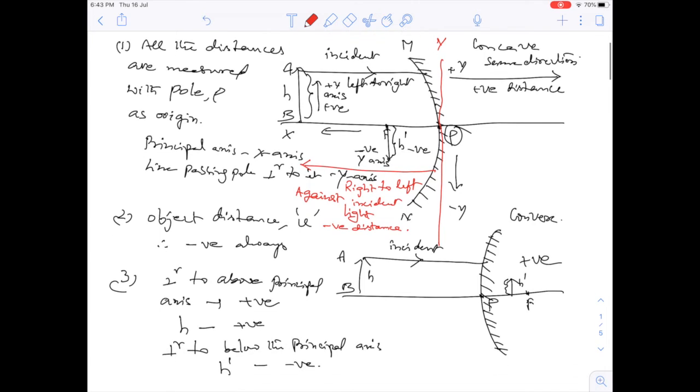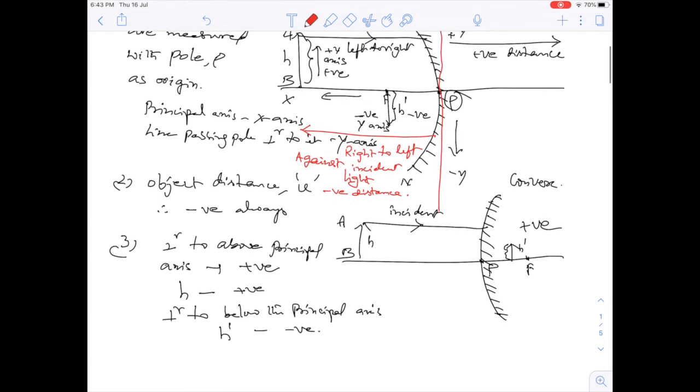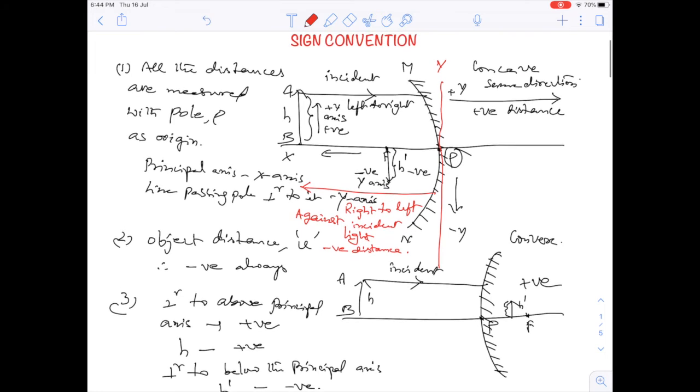For example, what is focal length in the case of a concave mirror? From the pole to, let us say this is F, the focus, this distance is the focal length f.